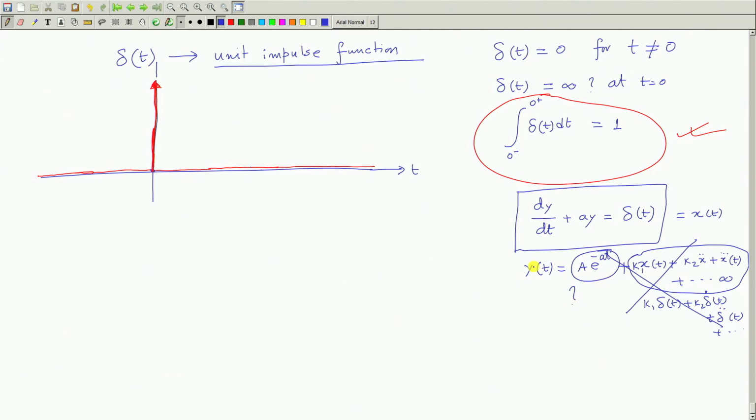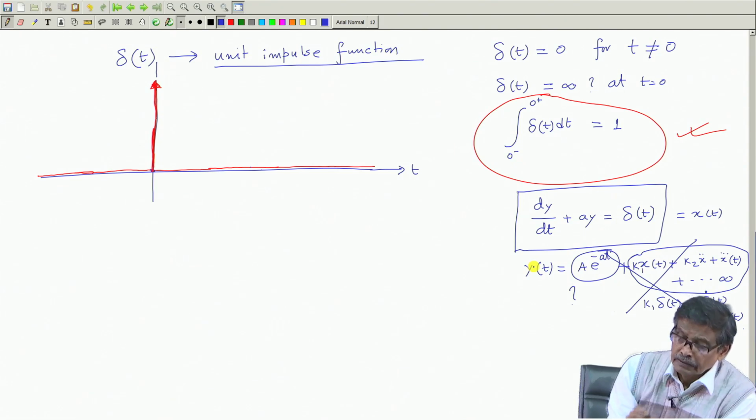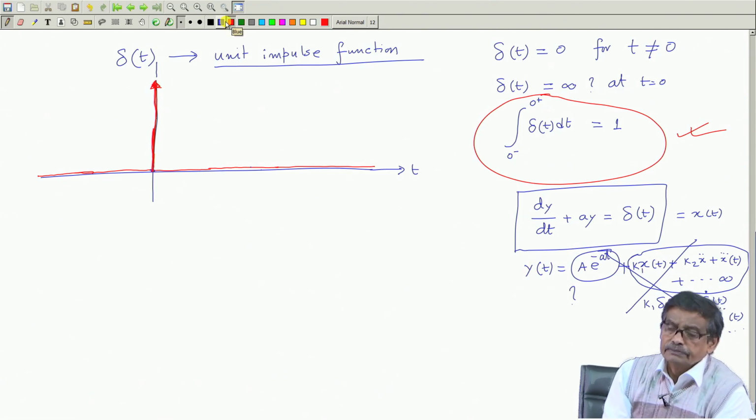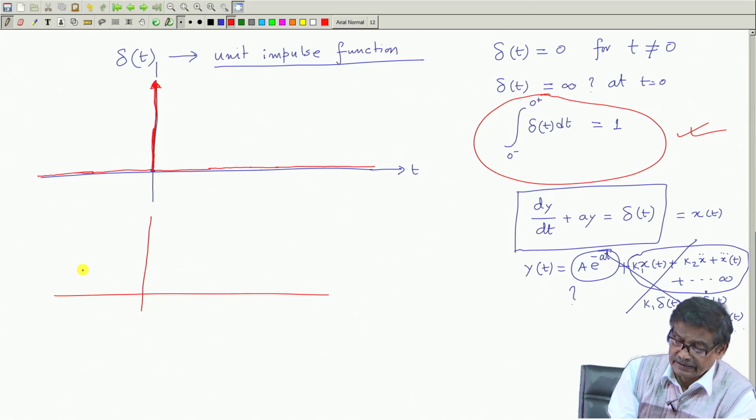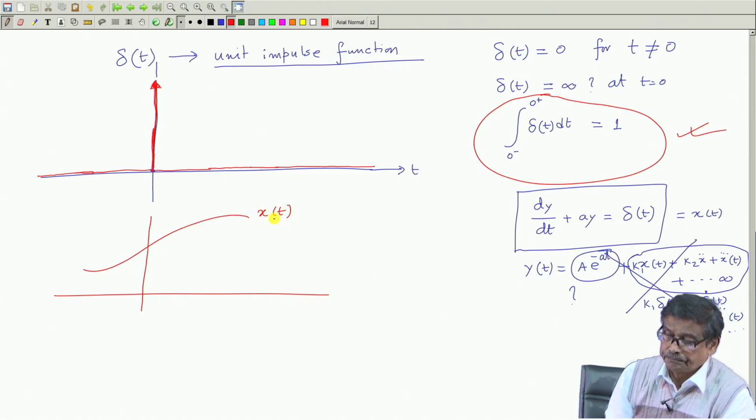Achha, now, to approach this problem, before that I will tell you one very interesting thing. Any reasonable function, for example, a function x t.